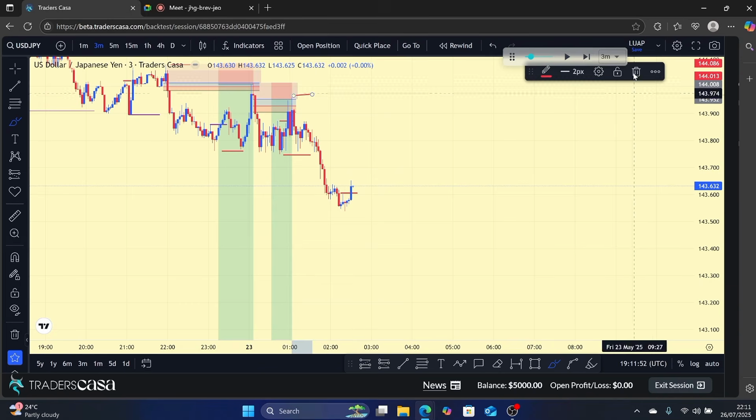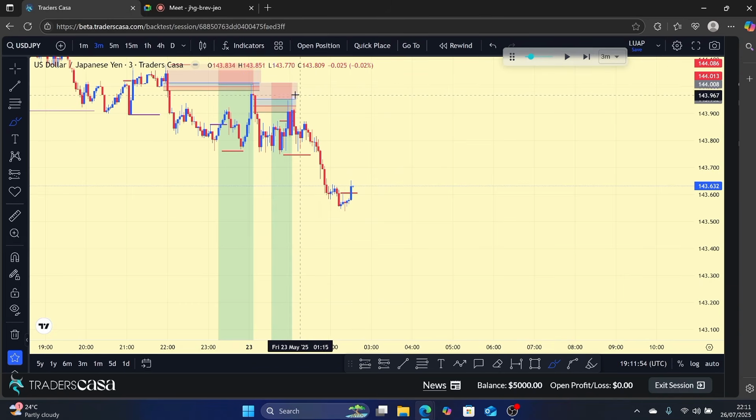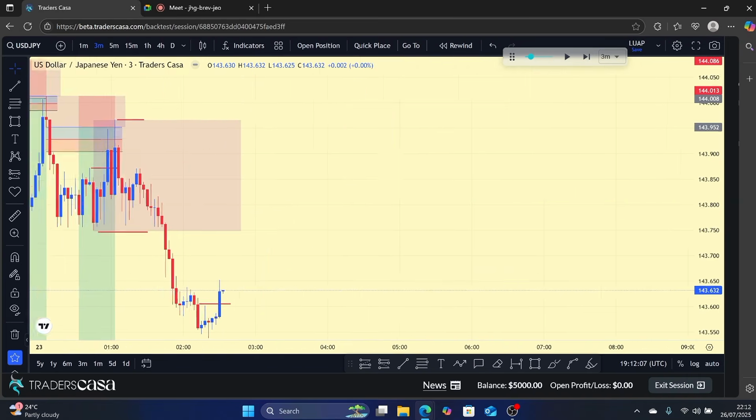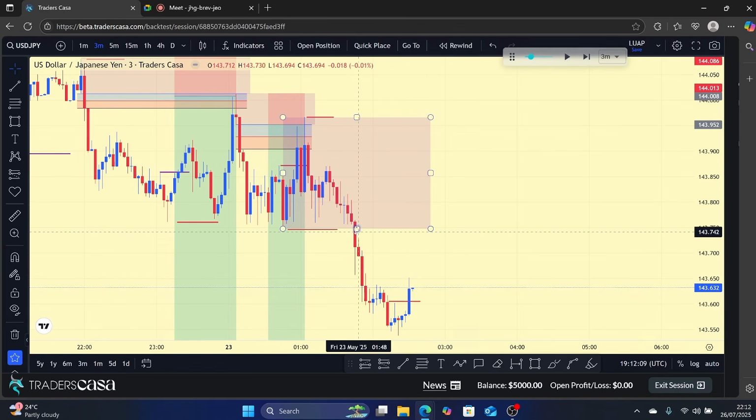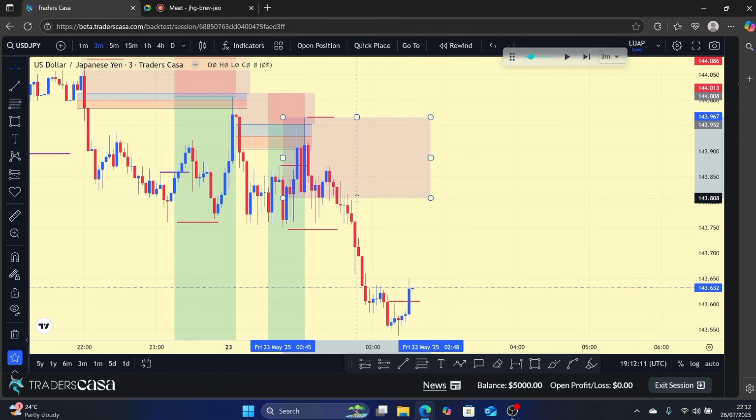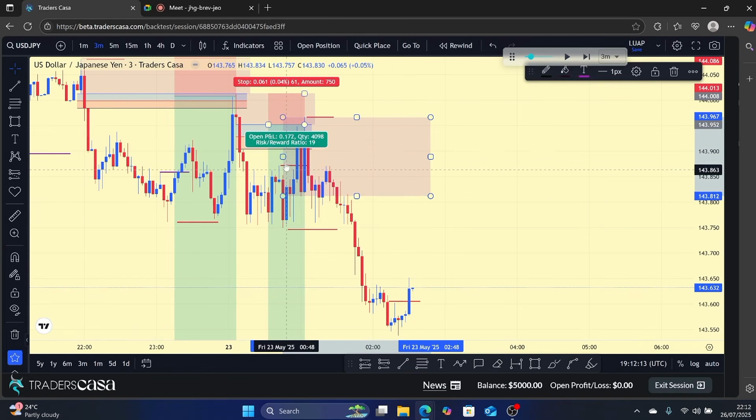And in this case, I'm only interested in the order flow because there is some order flow that is not mitigated here. So you can clearly see that all of this here was the order flow starting from that end. Or right, no, that's not the order flow that I was talking about. This one here is the order flow. You can see that there is the valid pullback here.